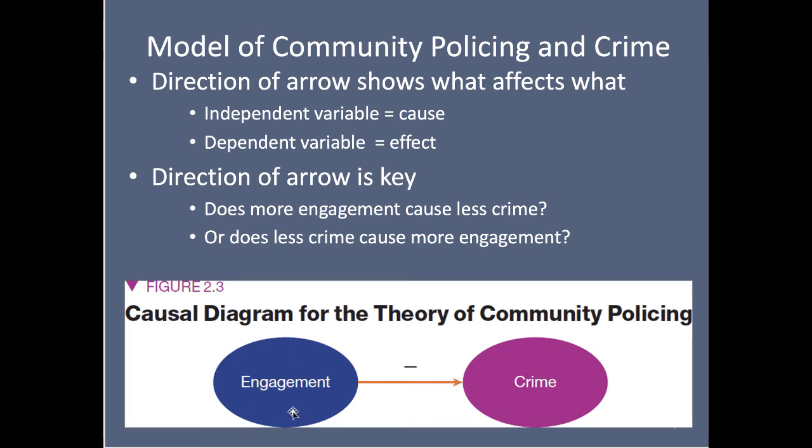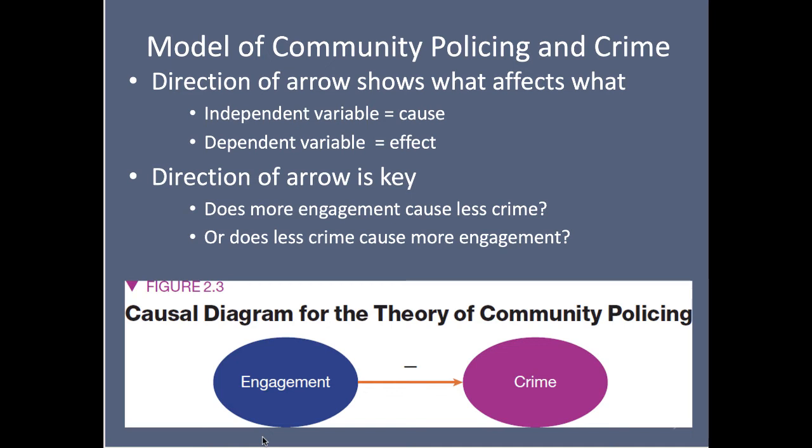So in this example, engagement is the cause, our independent variable. Crime is the effect, the dependent variable. And the idea is more engagement causes less crime. If the arrow went the other way, it would say more crime causes less engagement, which is not a crazy theory, but it's definitely a different one.